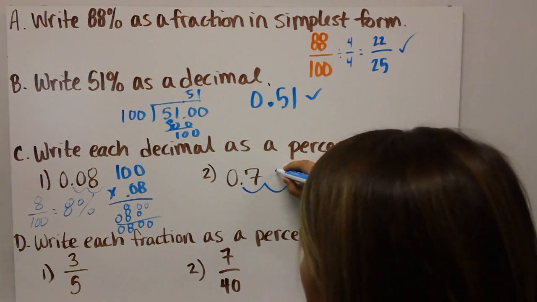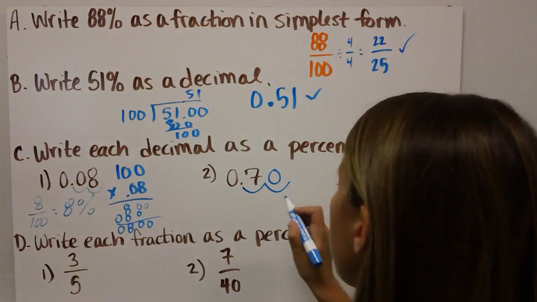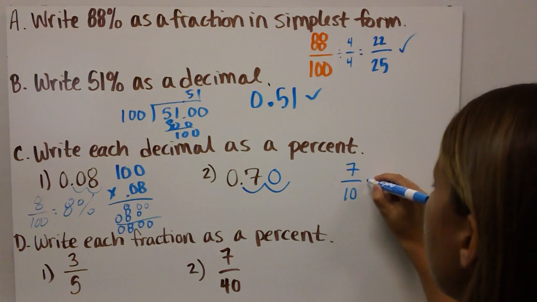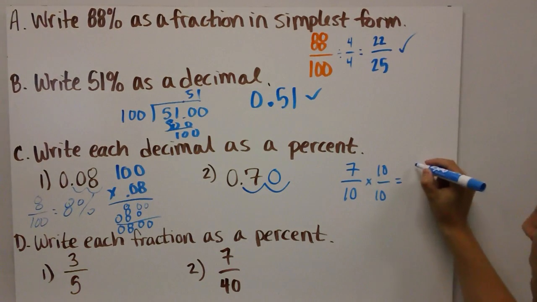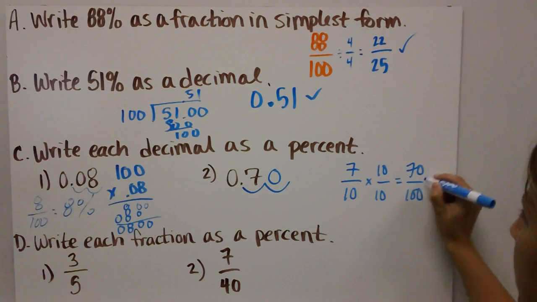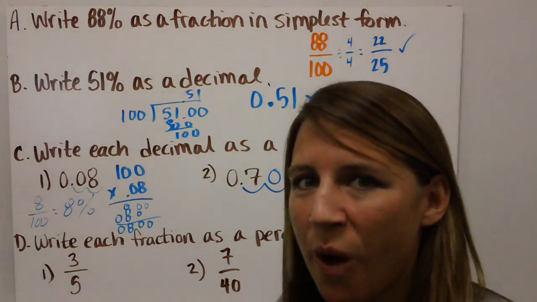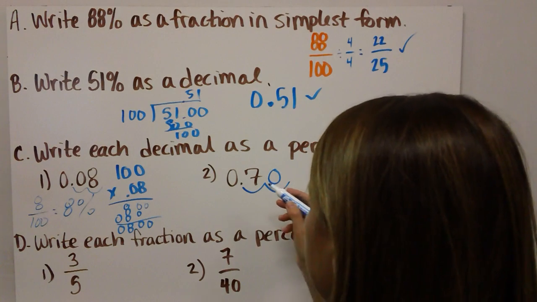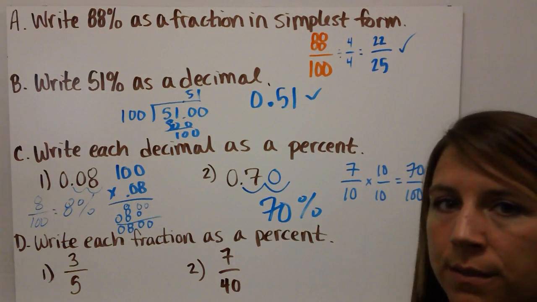There's nothing here, but technically there are zeros forever, right? And it doesn't actually change the value. So this 7/10, if I multiply by 10/10 to get that denominator, that's 70/100ths. This is technically 70%, right? And that's what happened when I moved that decimal twice. I multiplied by 100. And so 7/10 turns into 70%, which is pretty awesome.